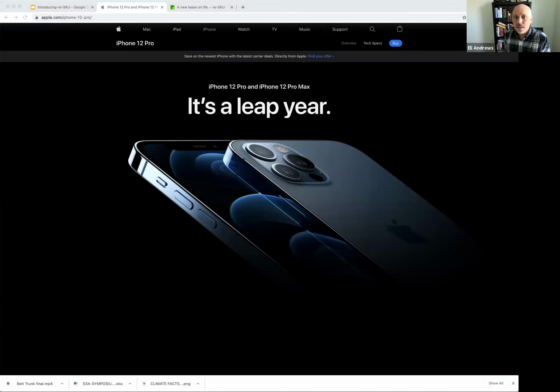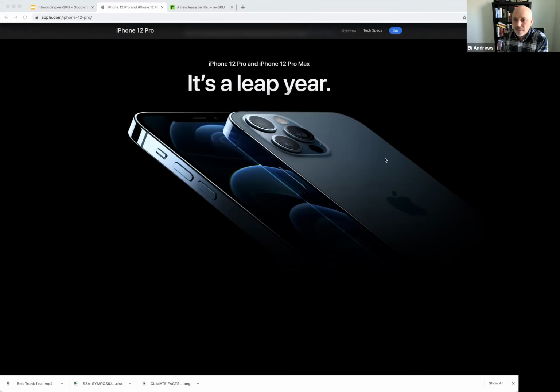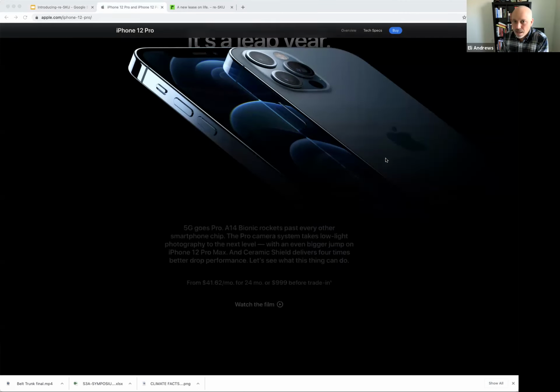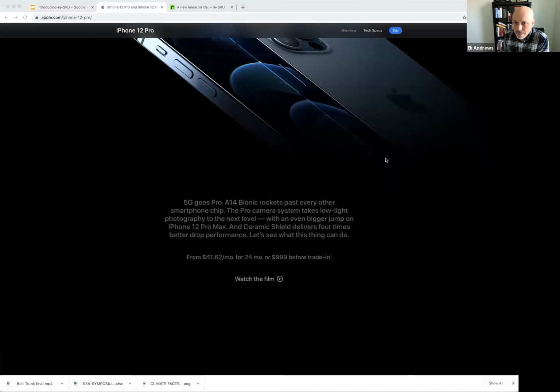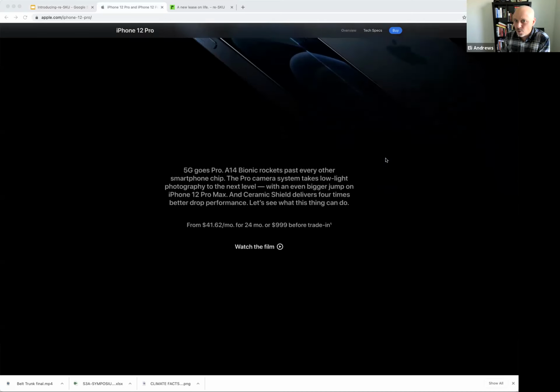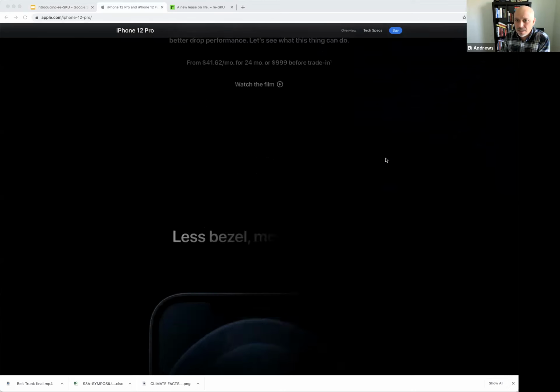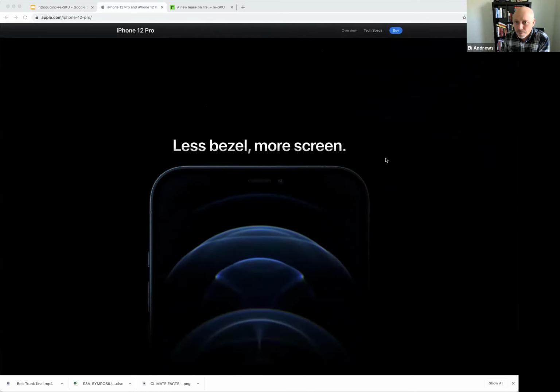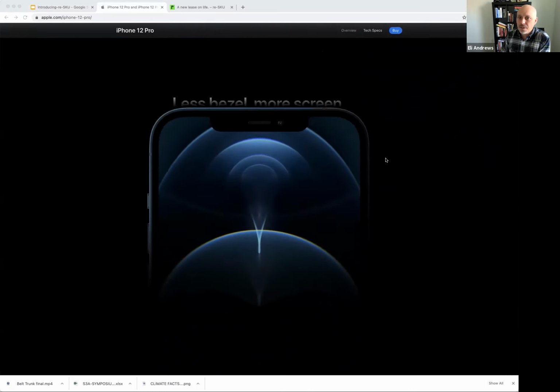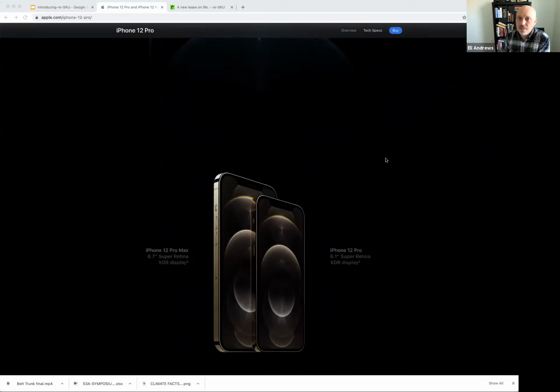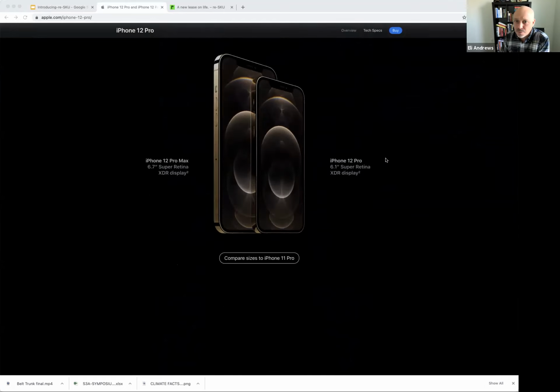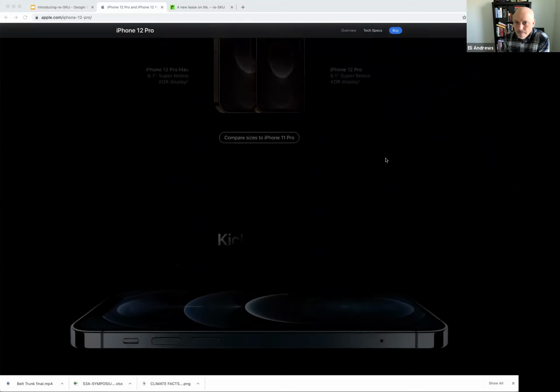Great. Here is the iPhone 12. As we scroll down, we learn more about the sexy features of the phone. You'll find Apple's latest formulation of value propositions, like bigger, higher definition screens, better edges, better cameras, etc.